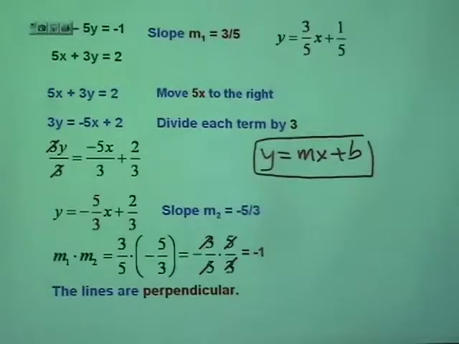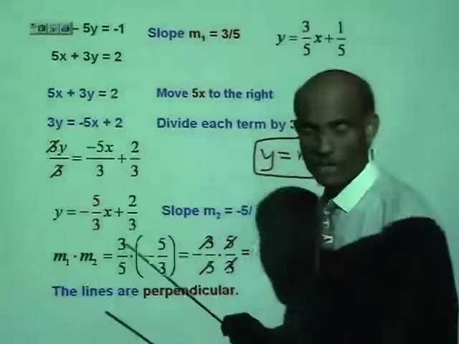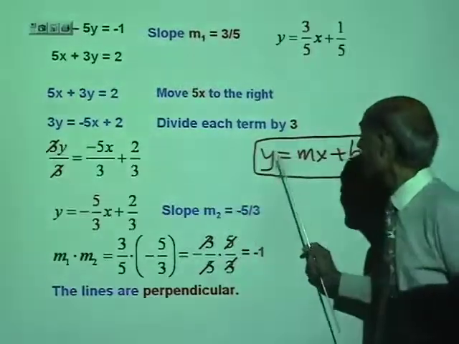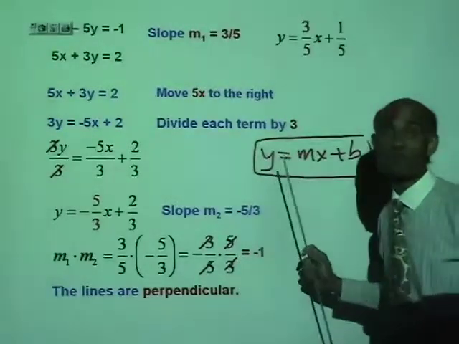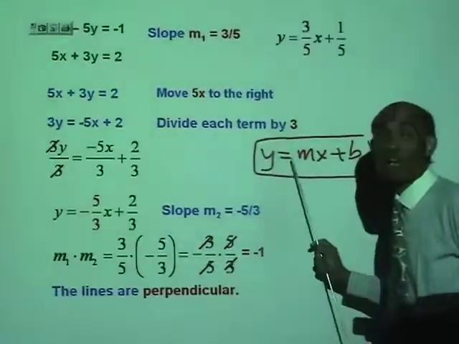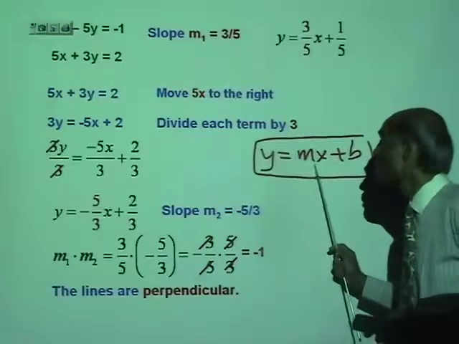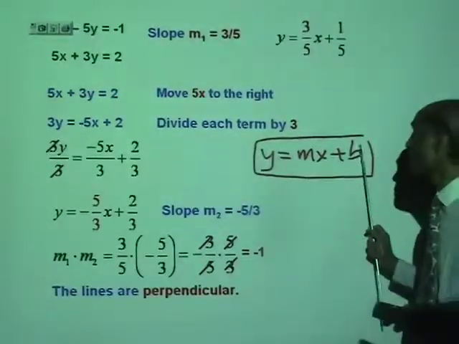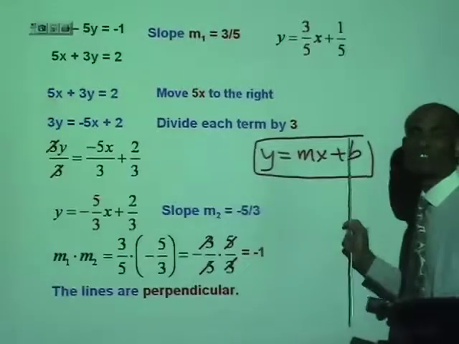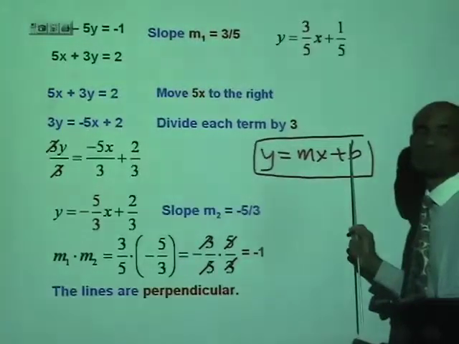We will look at this in our next lesson also, but let's be very clear from this lesson. Y equal to mx plus b represent the equation of a line that has a slope m, and the graph will cut the y-axis at this particular value.